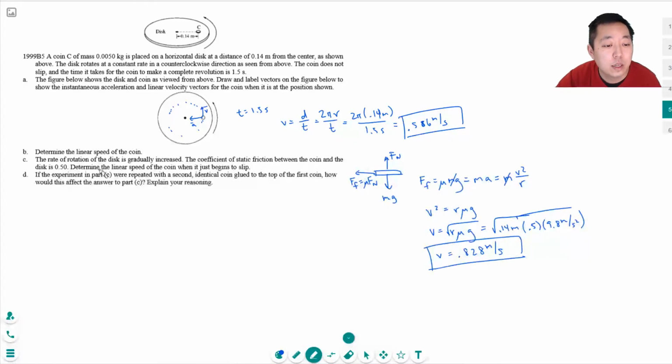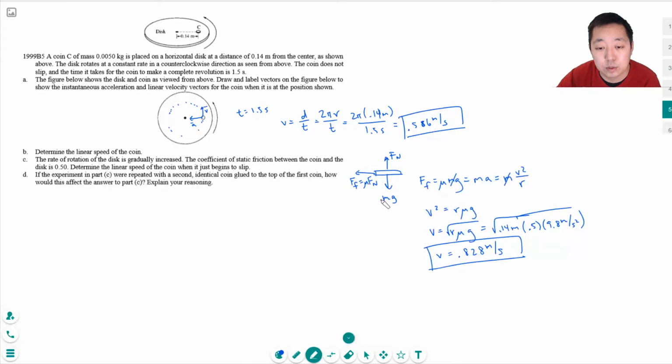If the experiment in part C were repeated with a second identical coin glued to the top of the first coin, how would this affect the answer to part C? Explain your reasoning. It wouldn't, because our equation here doesn't depend on m. See that? If you put a second coin or it weighed twice as much, the normal force would increase.